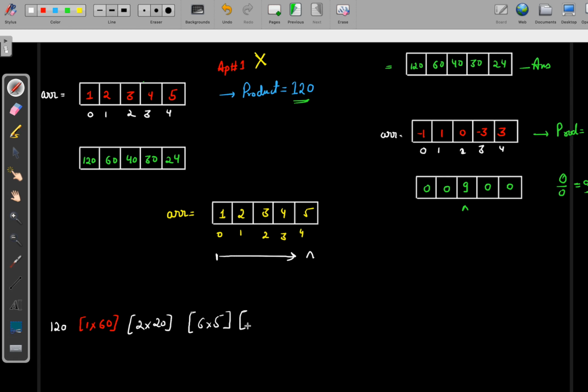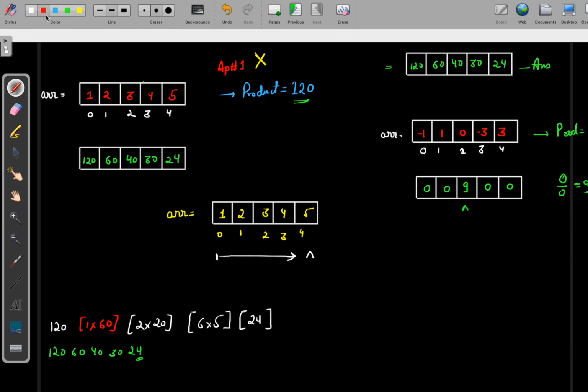So what will be the total product? That will be 24, and you will simply leave this one. And again the answer will be the same here: 120, 60, 40, 30 and 20. So that is one possible approach that we can apply.